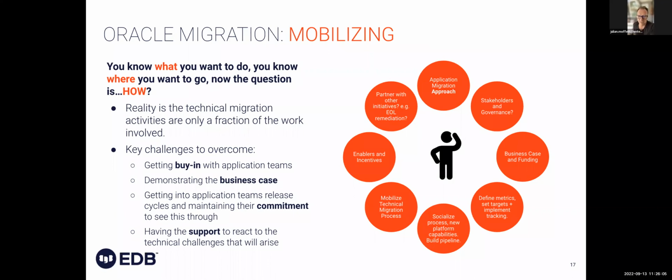So you need commitment. What we've got on the right-hand side of this picture is a bunch of different things, which I'll go through very quickly, and then we'll leave a little bit of time for Q&A. Starting at the top, the first one, think about what is your approach in your enterprise, in your company, what's appropriate for you? Are you going to treat this as a push exercise, meaning you're going to mandate the migration away from Oracle?